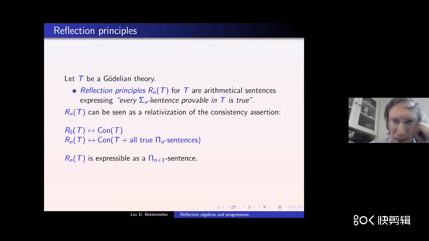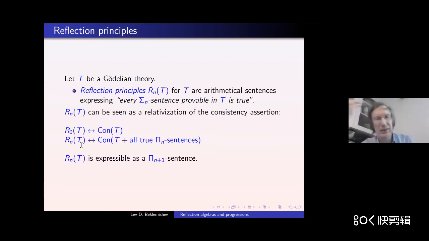Alternatively, these sentences can also be formulated as certain consistency assertions for non-Gödelian theories, for theories obtained by adding to T all true Pi n sentences in the arithmetical hierarchy. So the statement Rn is in fact expressible by an arithmetical formula of logical complexity Pi n plus 1.